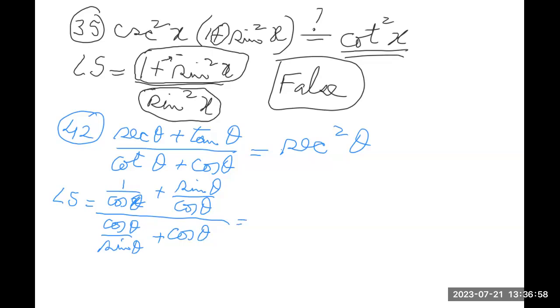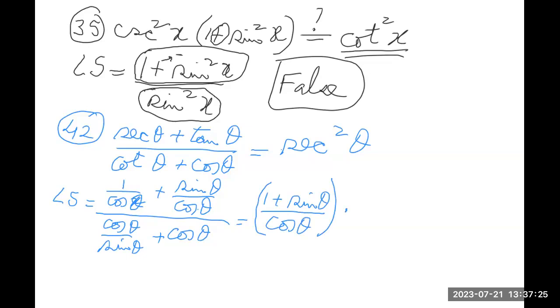Then in the numerator, the two denominators are cosine, so we can keep that and just add the numerators. And I'm going to bring the denominator up, you take its reciprocal.